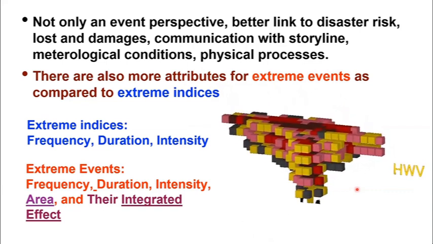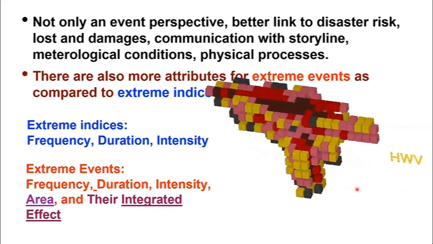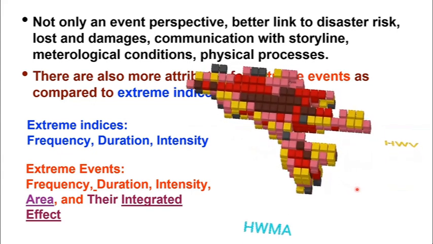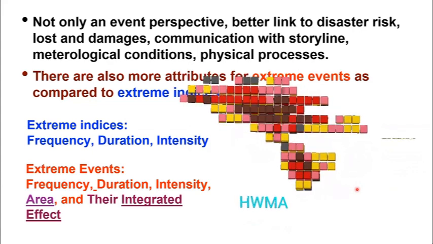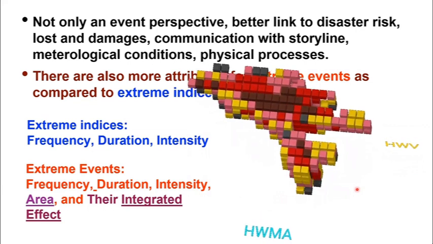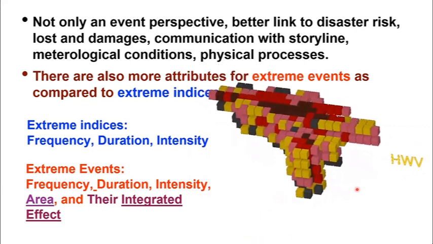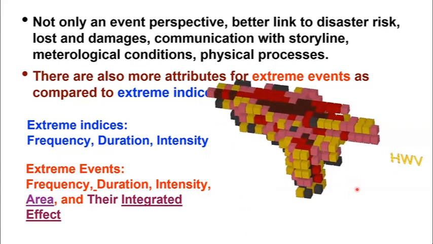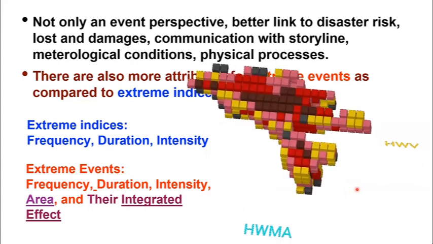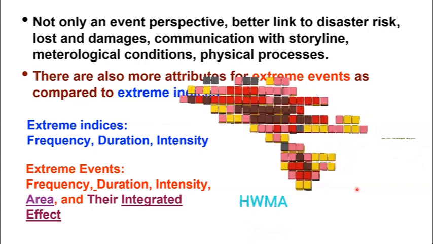You can look at the concurrent interior condition and try to understand more about the driving physical process and so on, since you have the footprint. But there are also more attributes for this heatwave extreme compared to the extreme index. For the extreme index, you still can do frequency, duration, intensity, typically like the EPA study.